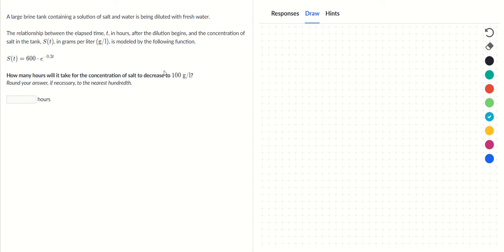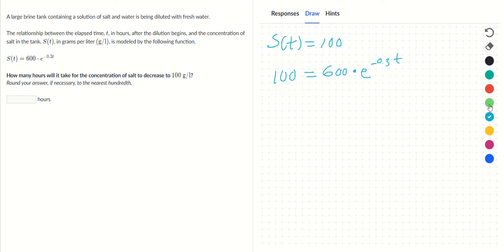So S of t is going to be 100. If S of t equals 100, then the equation should be 100 equals 600 times e raised to the negative 0.3 t.